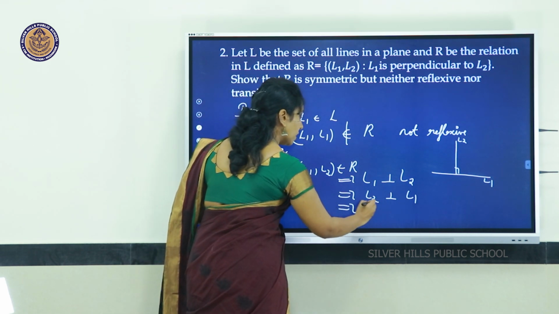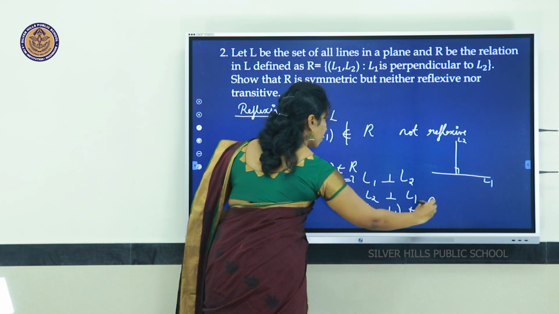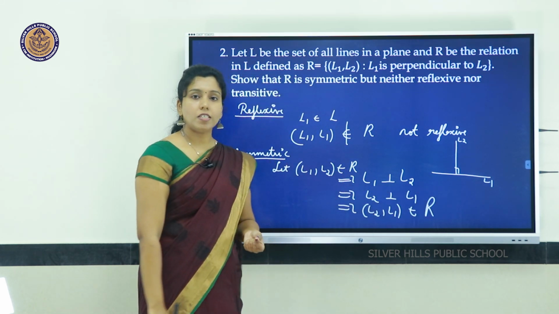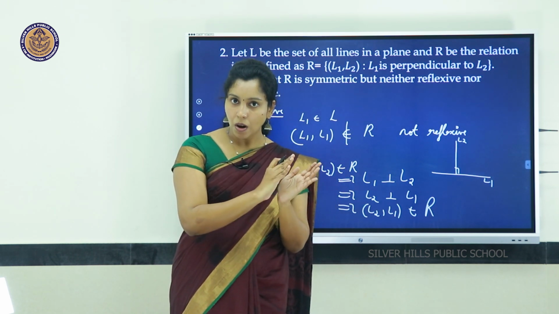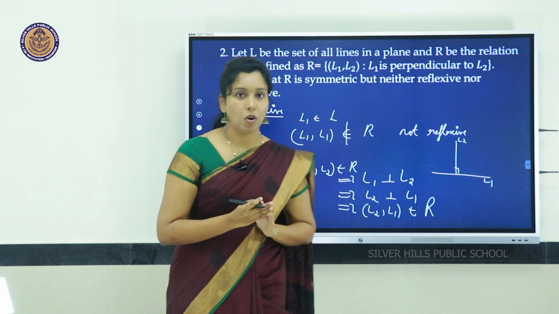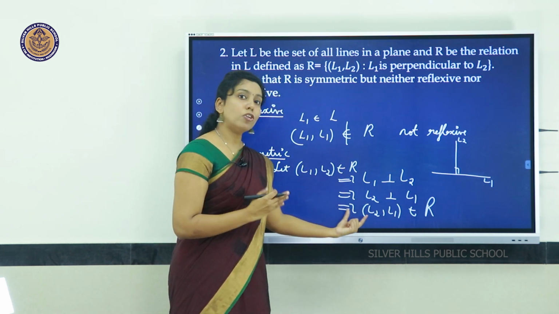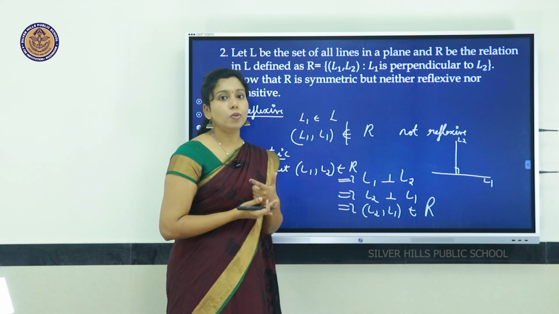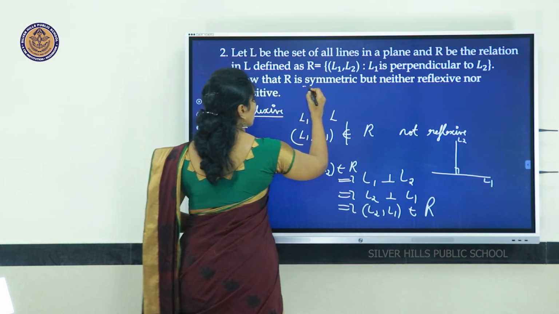So what does that mean? L2, L1 belong to R. So what is this property? It is symmetric. So the definition: if AB belongs to R, BA also belongs to R. Just like that, L1, L2 belong to R, L2, L1 also belong to R. So we proved it is symmetric. So we proved this part.